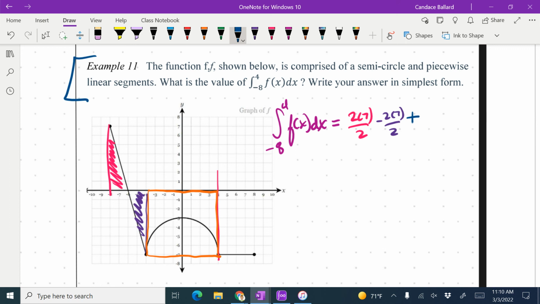See what you can do with it. Okay, look at what I've done so far.